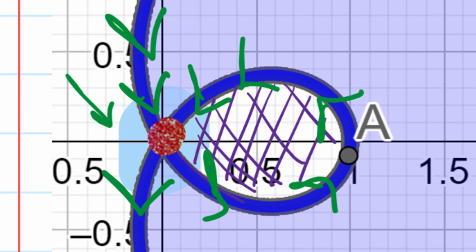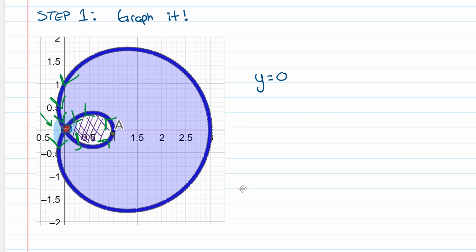Notice that where this dot is, the y value of a coordinate, if I use it as an xy coordinate, would equal 0. So I can set y equal to 0. Remember that y is given by r times sine of theta. So y is equal to 2 cosine of theta plus 1, times sine of theta.